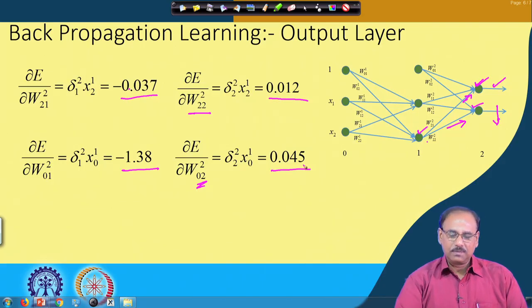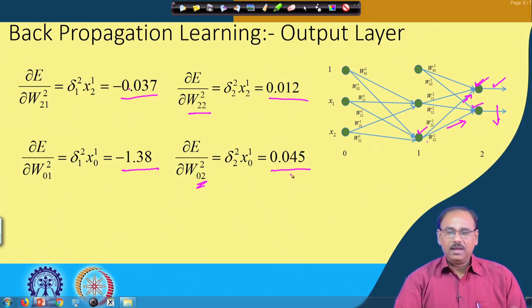So, this also says the bias term W012, once it is updated, will be incremented by an amount eta times 1.38, whereas W022 will be decremented by an amount eta times 0.045.